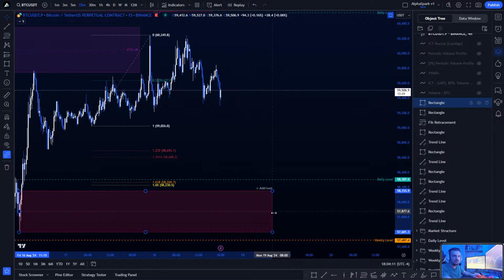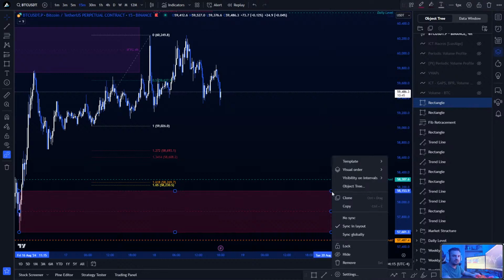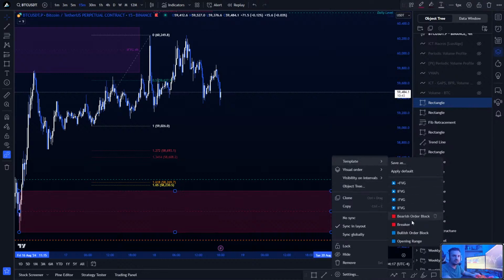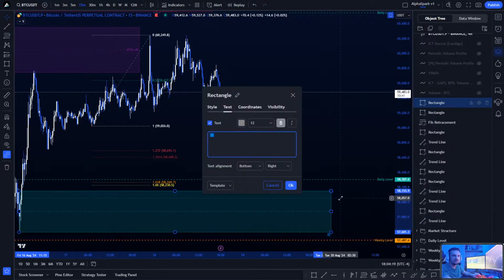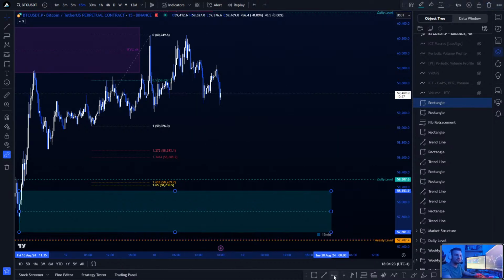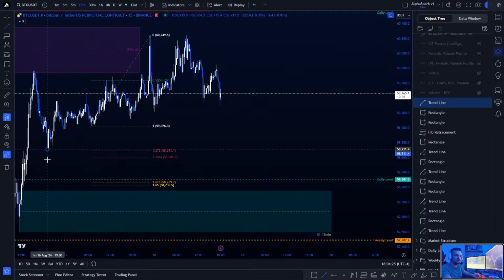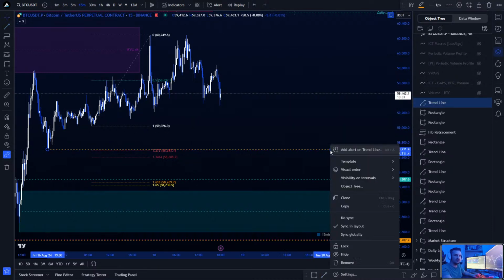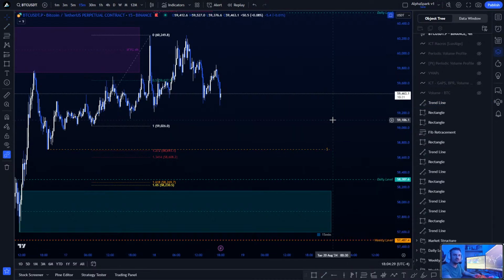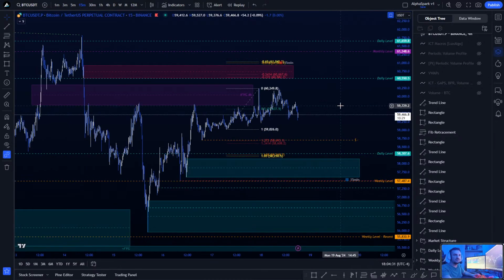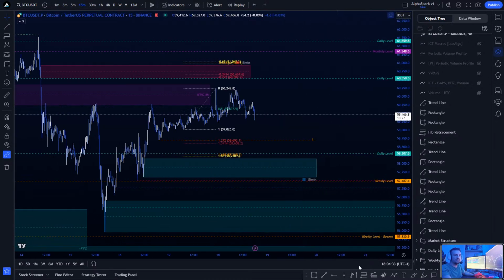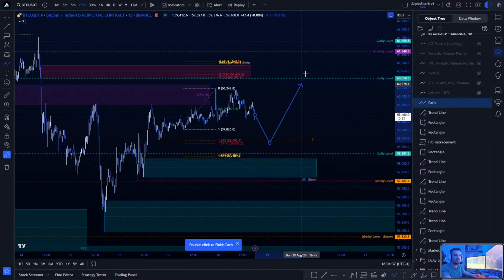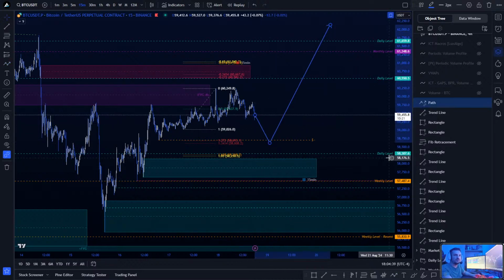$58,700 would not be low probability either as an SFP. I'm also gonna mark that. Okay, so what am I talking about essentially? This is essentially scalps, okay? I can perfectly imagine this as a possibility.